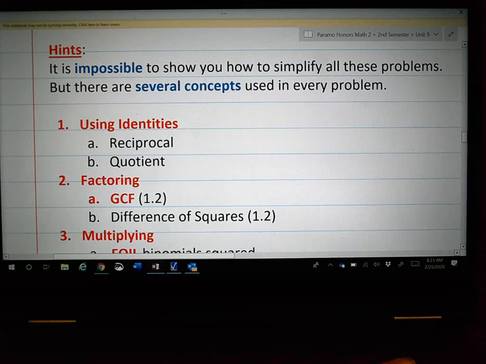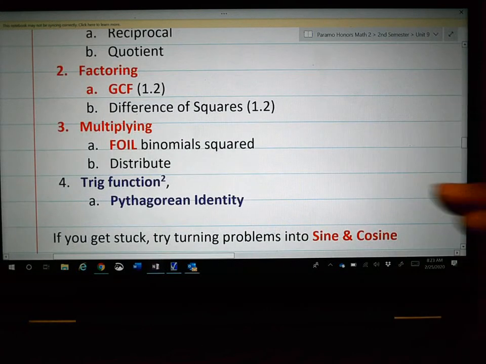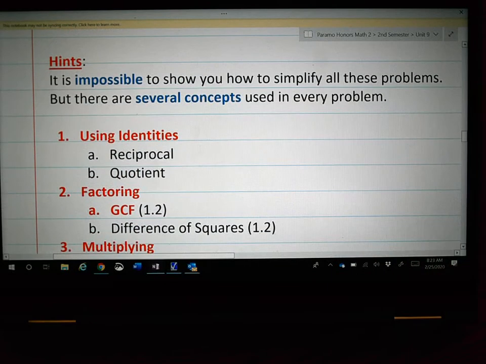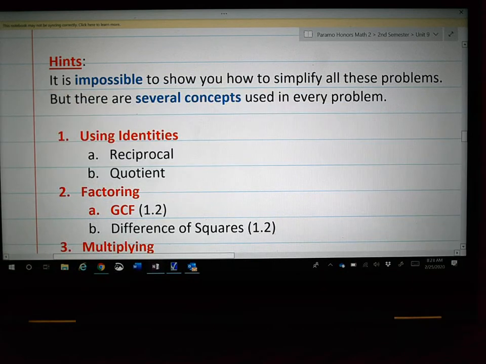They are so different from each other that I could only generalize it in these 4 things to try. They're basically hints. It is impossible for me to show you how to simplify every single situation that you are going to come into contact with.